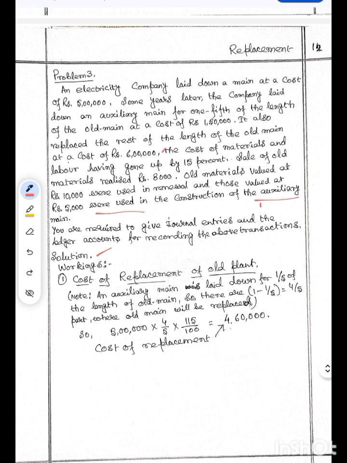Next we come to cost of replacement of the old plant. Here point to be noted, an auxiliary main laid down for 1/5 of the length of the old main. So there are 1 minus 1/5, 4/5 part where the old main will be replaced. Okay, clear? So total expenditure is 5 lakhs, cost of old plant.